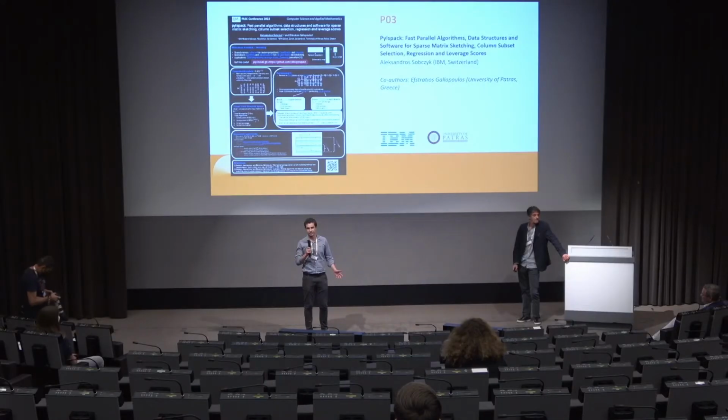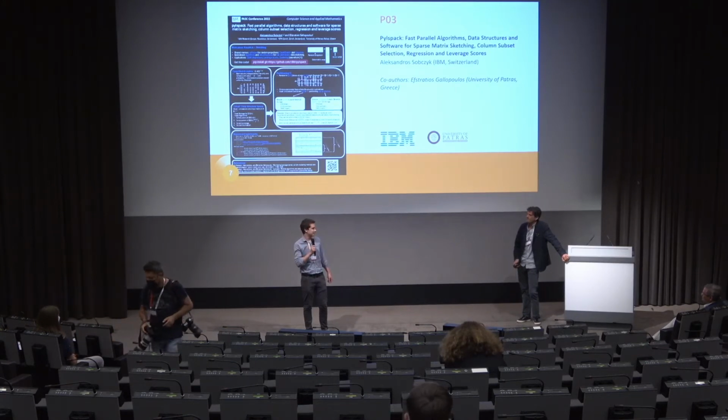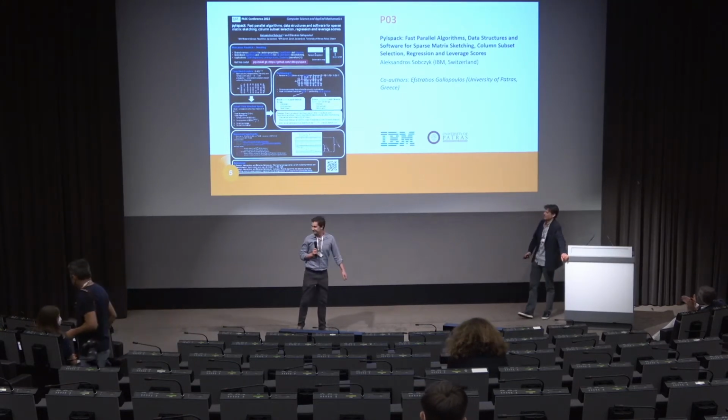The question is, how do you do it in parallel, and how do you implement it in your computer efficiently? So, sparse computations have a lot of challenges with them, and this is what we did. We just designed parallel algorithms that are efficient, and hopefully you can use our Python package for your data science project. So, thank you. Okay, thank you.